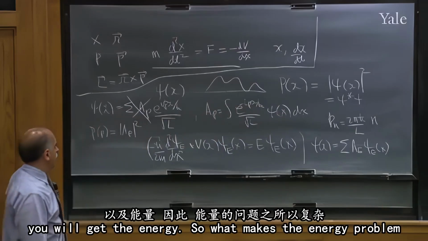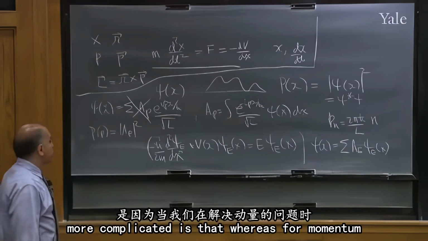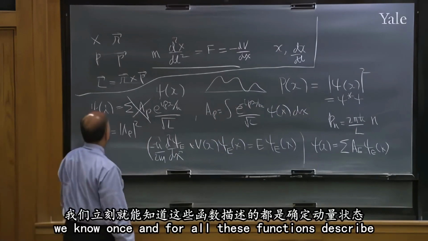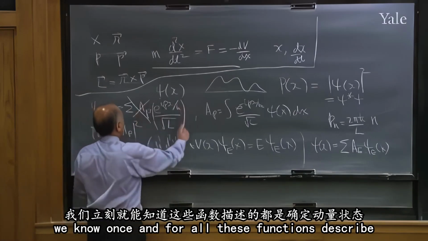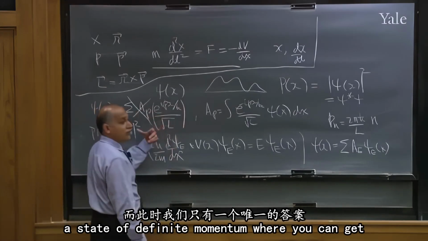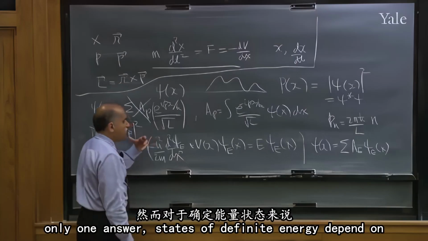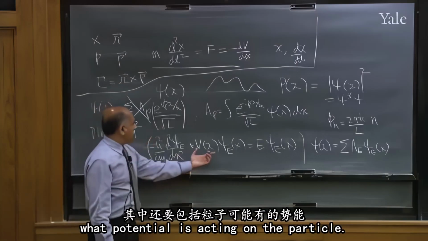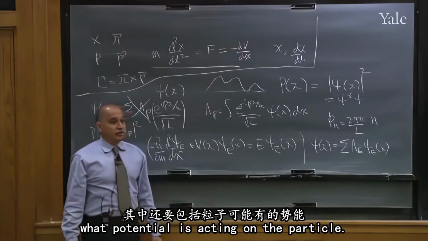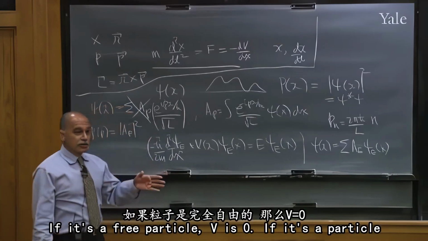So what makes the energy problem more complicated is that whereas for momentum, we know once and for all, these functions describe a state of definite momentum, where you can get only one answer. States of definite energy depend on what potential is acting on the particle. If it's a free particle, V is 0.